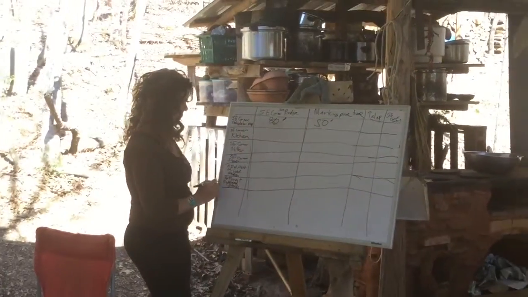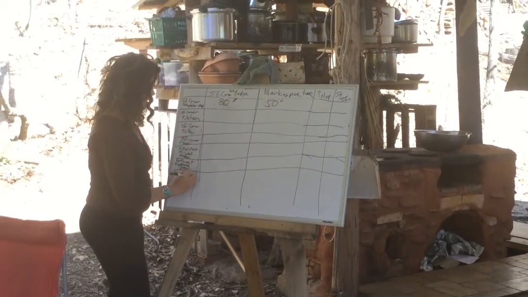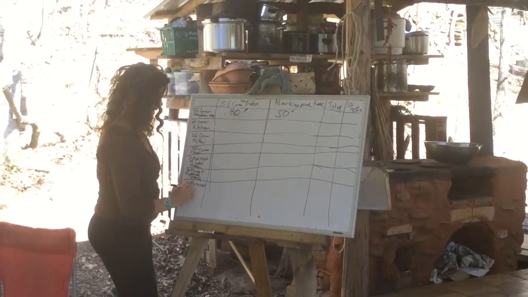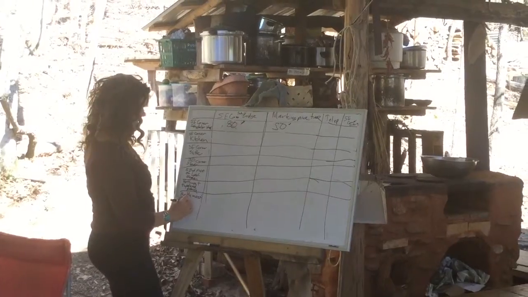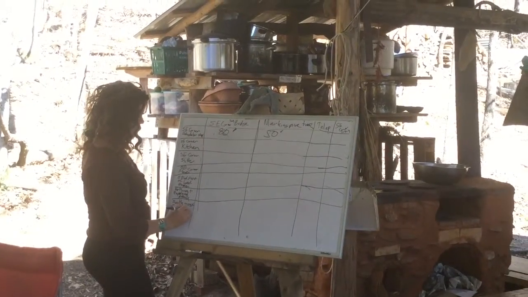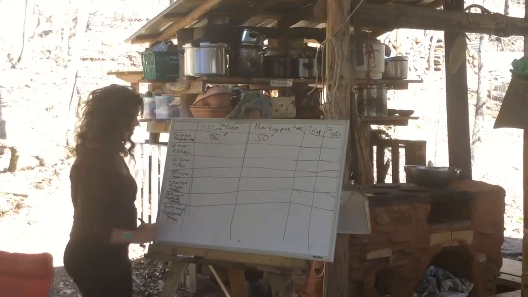What about the southmost espaliered tree? You guys know that's that arc over there. I don't know what it is. I think it's a pear.